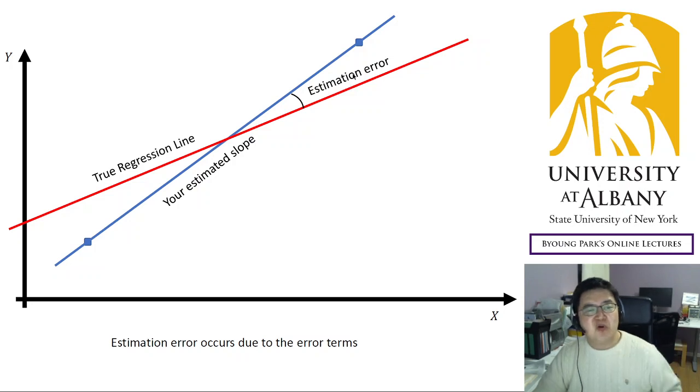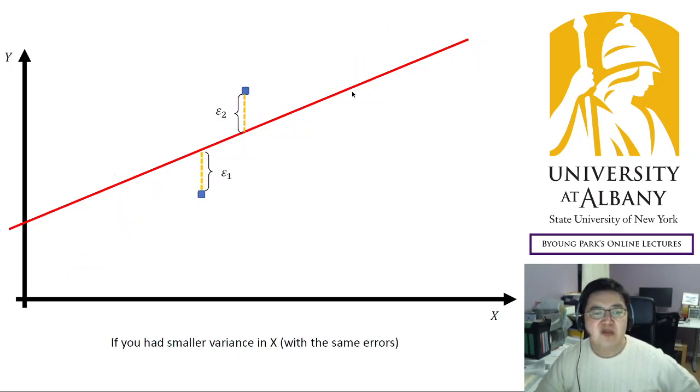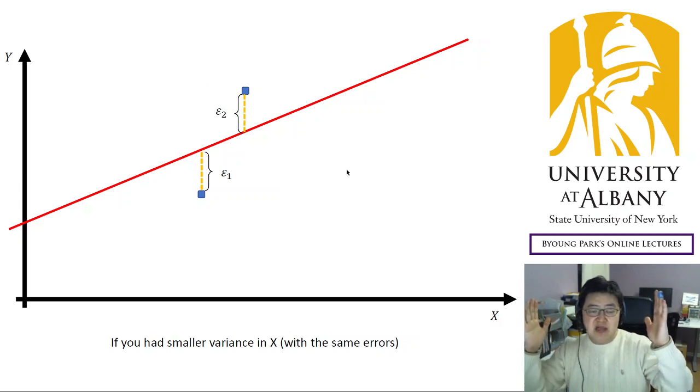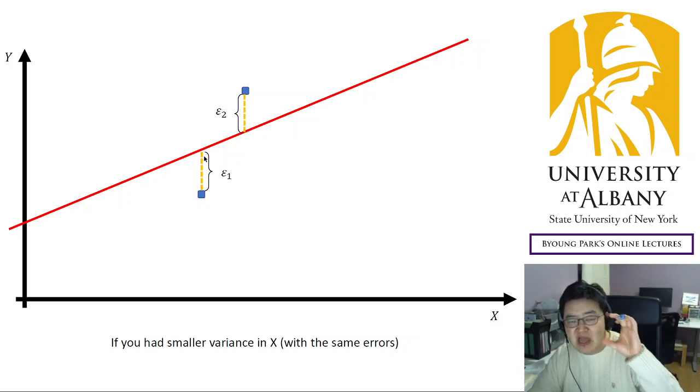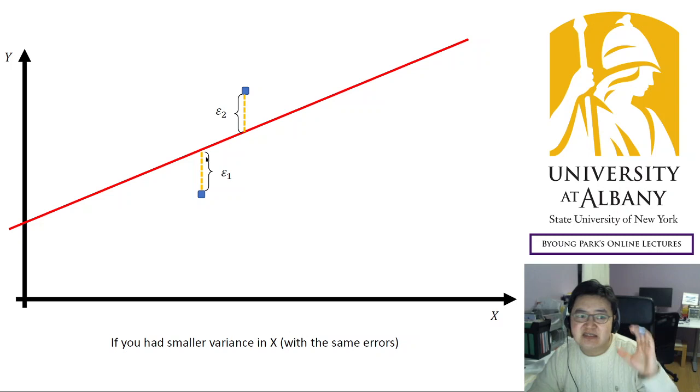But what we are going to do here is consider what would happen if you had smaller variation in x. As you can see, the base is now much narrower. Still, I assume the error terms are of the same size as before.